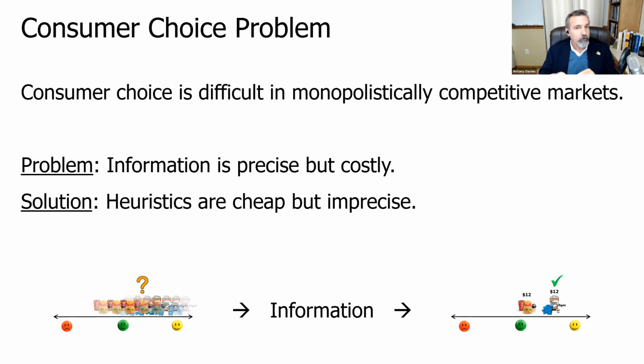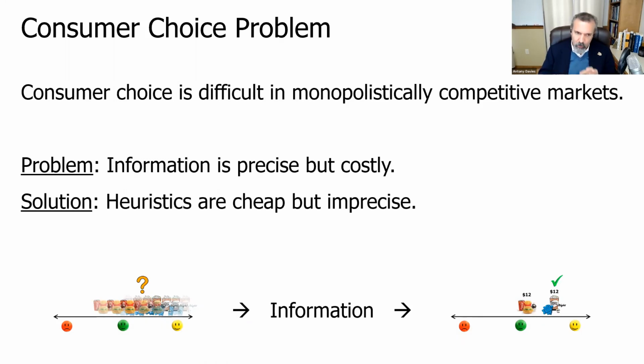I can rely alternatively on heuristics, which is the topic of this discussion. And the thing about heuristics is they're cheap. They're not expensive like information is, but they come with a downside. The downside is that they're imprecise.